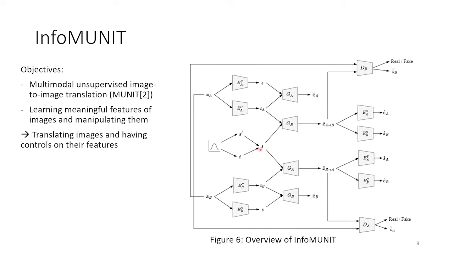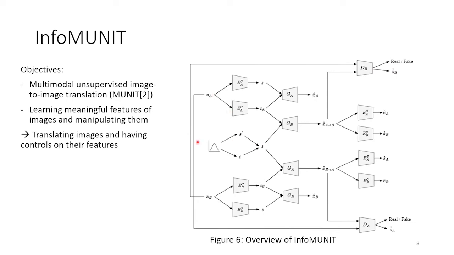So the reconstructed information here must have its mutual information maximized compared to the latent code in the S that we found here. So that's an overview of InfoMUNIT.